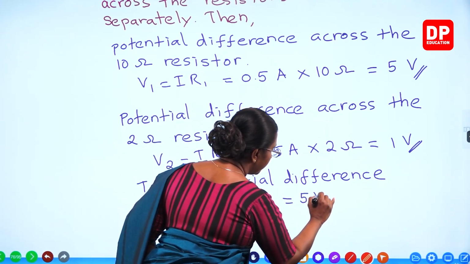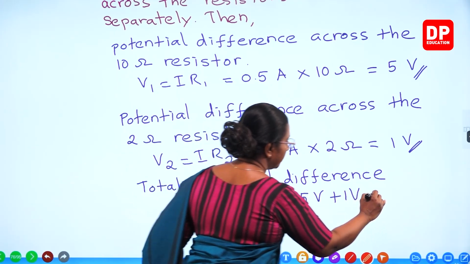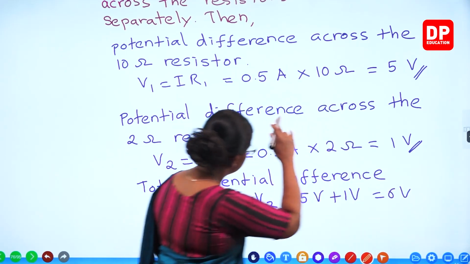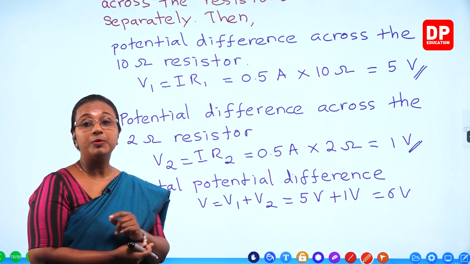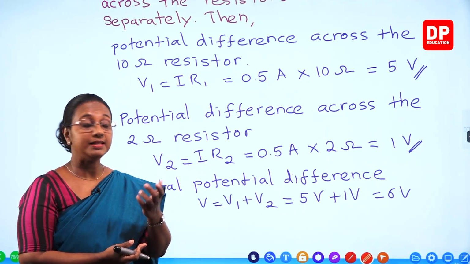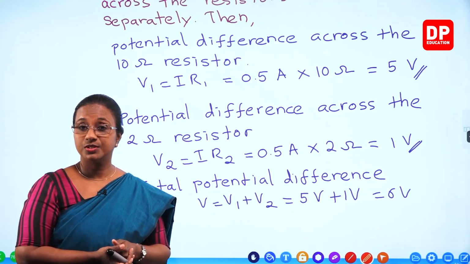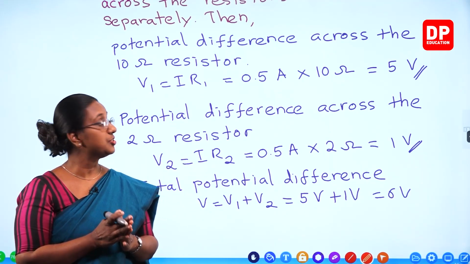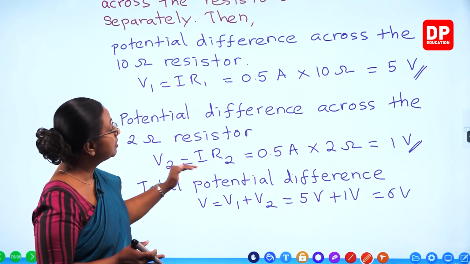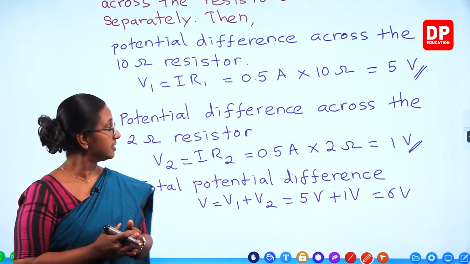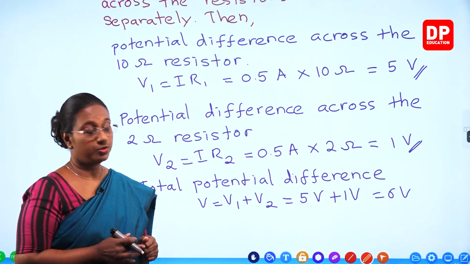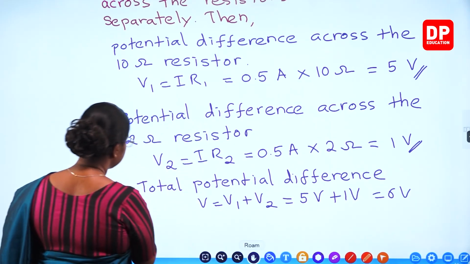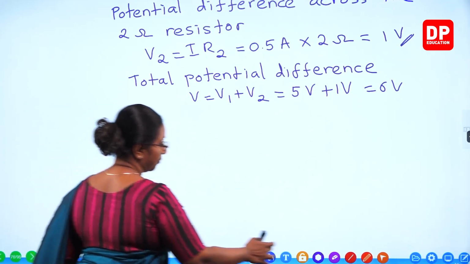So 5 volt plus 1 volt, 6 volt. So in the diagram also, you can remember in the question, the potential difference of the power supply, the dry cell, is 6 volts. So that 6 volt potential is distributed across the 2 resistors. 10 ohm is the higher resistance, 5 volts. So like I told you all students, the ratio.